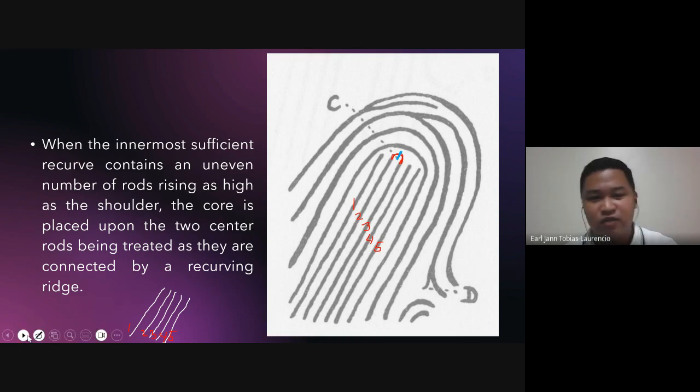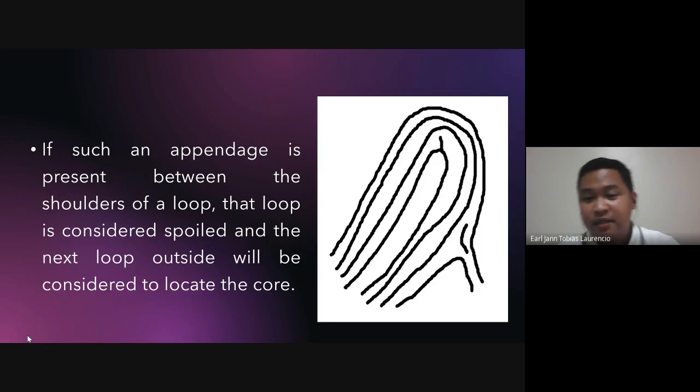Moving forward to the next one. If in the fingerprint pattern the innermost ridge is a recurving ridge, however, the recurving ridge was spoiled by an appendage. What is an appendage, by the way? Let me encircle the appendage with a red pen.